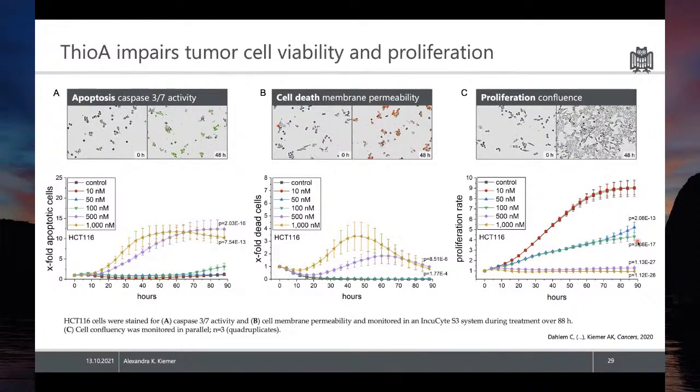If we look into proliferation, at these high cytotoxic concentrations obviously we do not have any proliferation, but even at concentrations which are not cytotoxic at all, we see a distinct reduction in the proliferation of the cells.